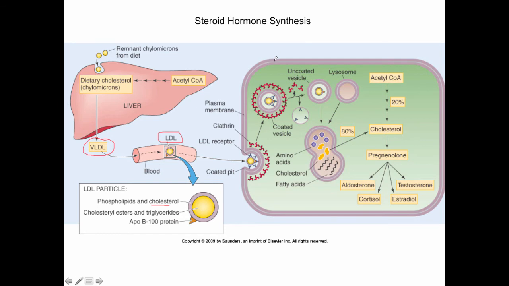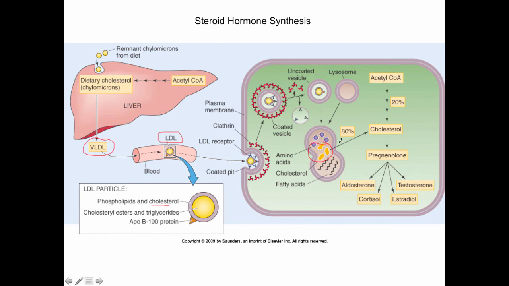Okay. So this cell might be a cell in the adrenal cortex, and we'll learn about the adrenal cortex more in class. But LDL will bind to the LDL receptor on this cell. It'll be taken up through the process of endocytosis, and then the cell is going to start taking apart this LDL in order to liberate the cholesterol.